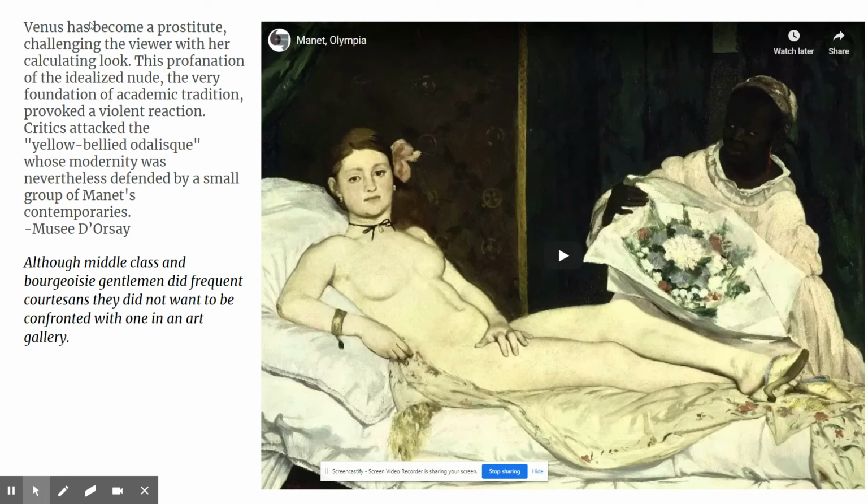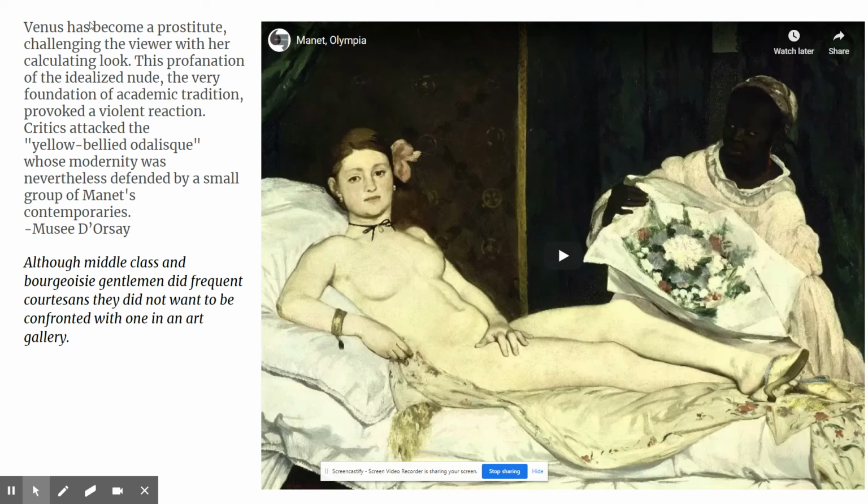However, what happens here is the artist takes the idea of the female nude and makes her something not beautiful, not ideal, but in fact an actual person that the people living in Paris would have come across, right?